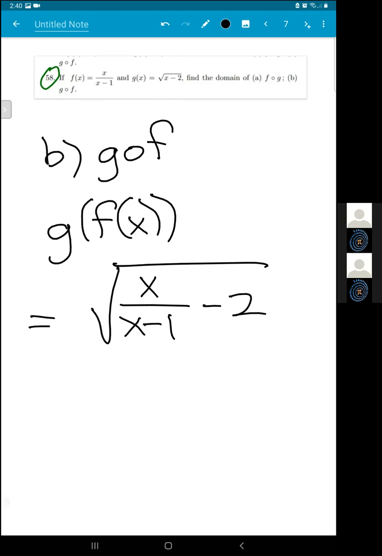Do not simplify when you are looking for the domain of a composition. It's explained in the videos, in one of the lectures there. The reason for that is that sometimes you will actually make it defined when it should not be really defined at particular values of x.